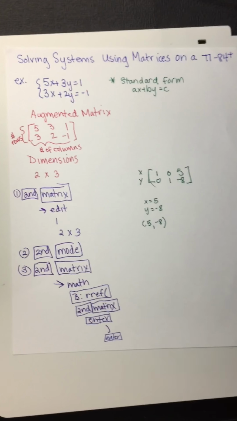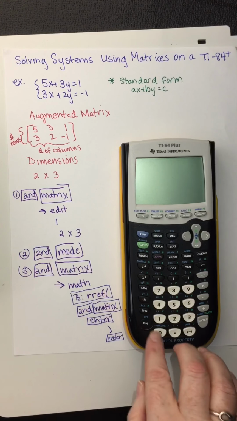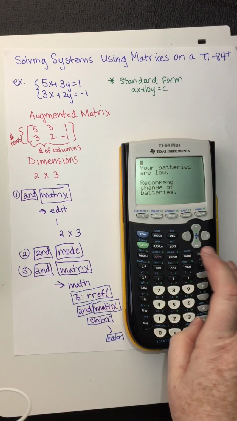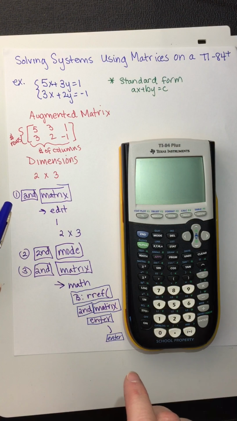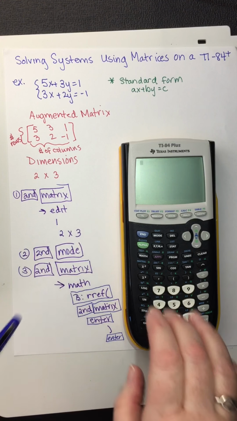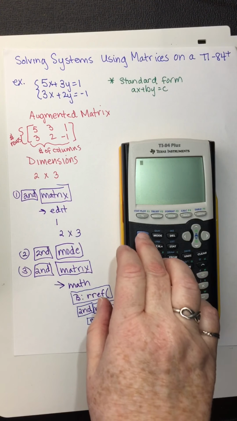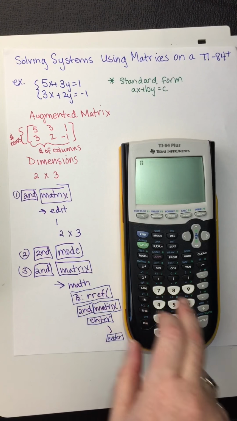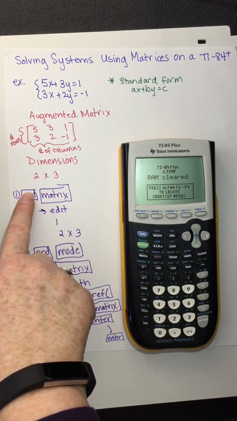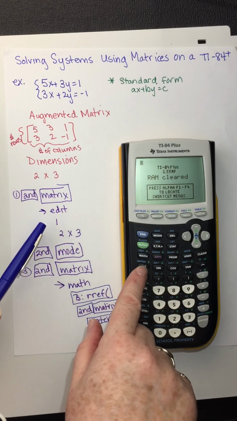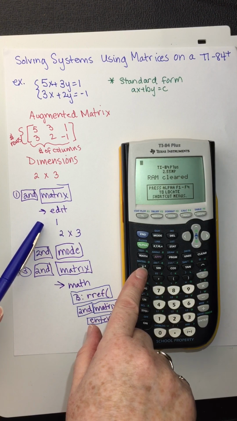Okay, so with our graphing calculator, we are going to go into matrix. I'm going to actually zero my calculator out first. Second plus 7, 1, 2. We're going to go into the matrix menu, which is here above the x to the -1 key.